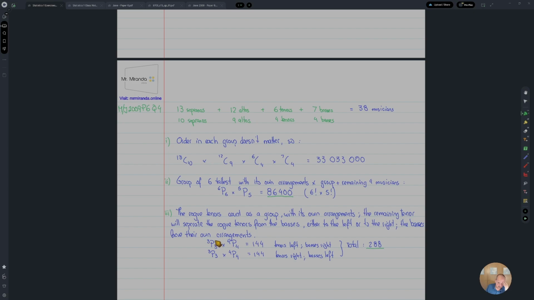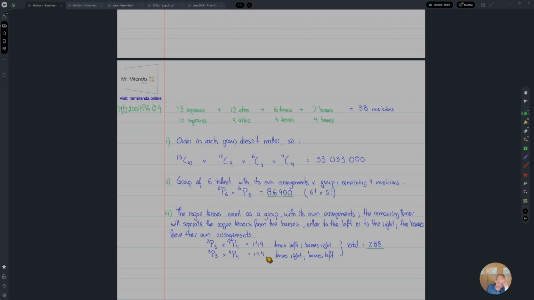So basically what you have, the order matters for the tenors. These are the rogue tenors. 3P3 for the rogue tenors times 4P4 for the basses. Okay, this leaves a total of 144 combinations. In this case, you have the tenors on the left and the basses on the right.